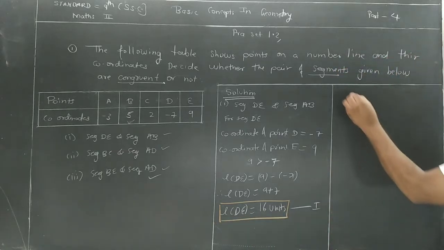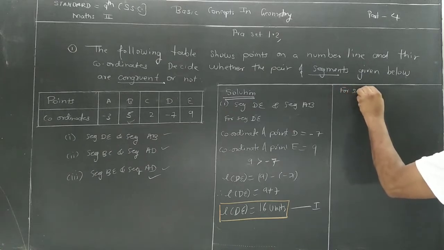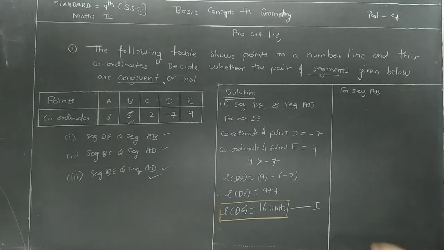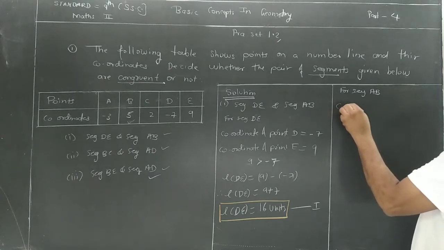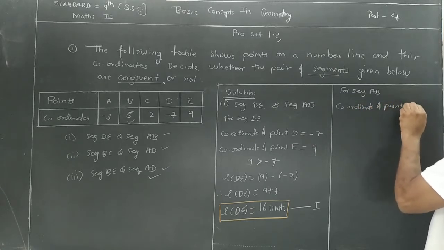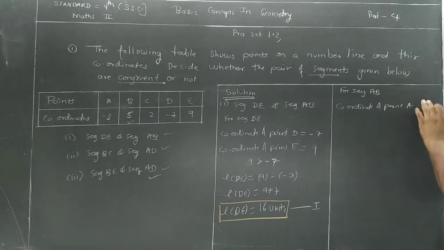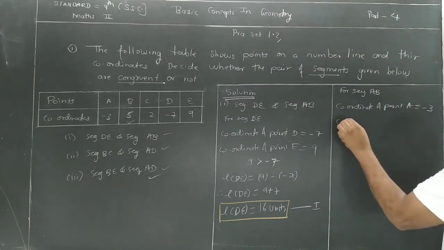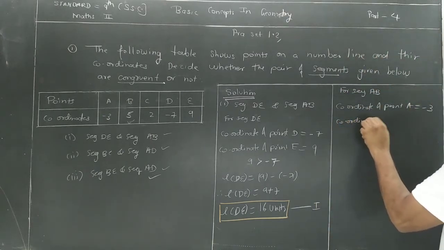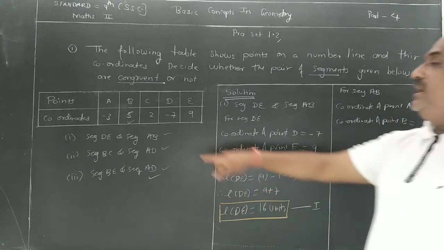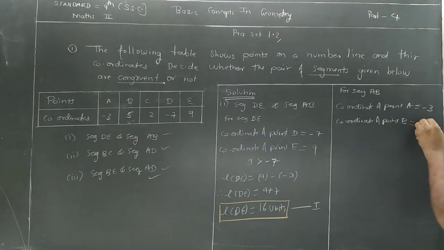Now we go for segment AB. For segment AB, what is the coordinate of point A? Coordinate of point A is -3. A का coordinate कितना है? -3. And what is the coordinate of point B? Point B is nothing but 5.